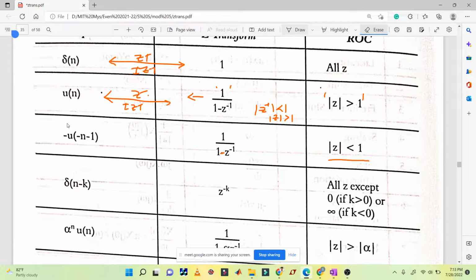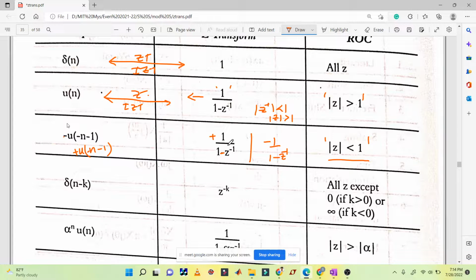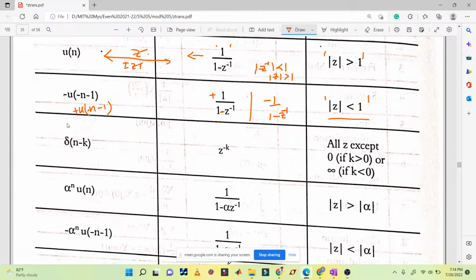Let me write that so that it will be clear to you. U of minus n minus 1 ಇದ್ದಿದ್ರೆ ಏನಂತ ಬರ್ತದೆ Z transform minus 1 divided by 1 minus Z inverse. Okay, so ಇಲ್ಲಿ ಮೈನಸ್ ಇದೆ, ಇಲ್ಲಿ ಪ್ಲಸ್ ಬಂದಿದೆ, ಇಲ್ಲಿ ಪ್ಲಸ್ ಇದ್ರೆ ಇಲ್ಲಿ ಮೈನಸ್ ಬರುತ್ತೆ. And this is the same, ROC is Z less than 1. So if you remember these formulas, you can apply any inverse Z transform.